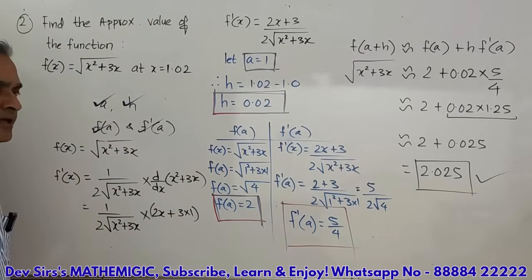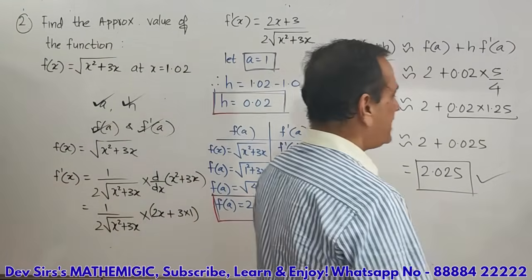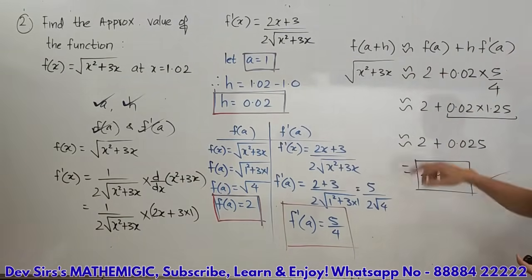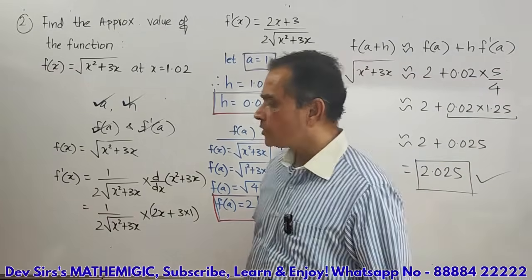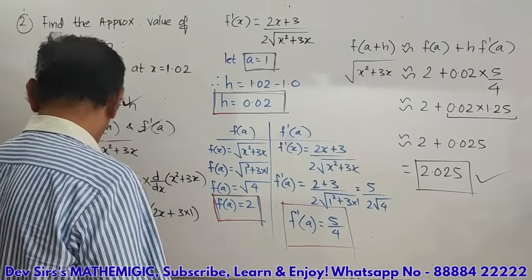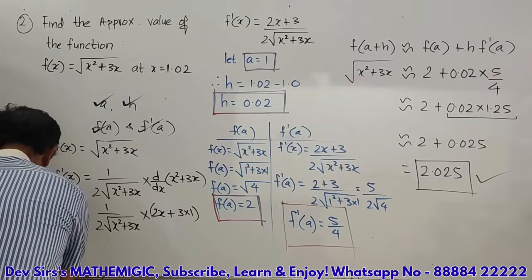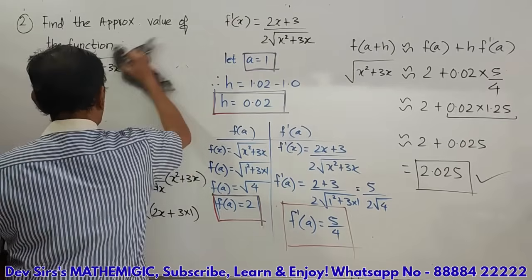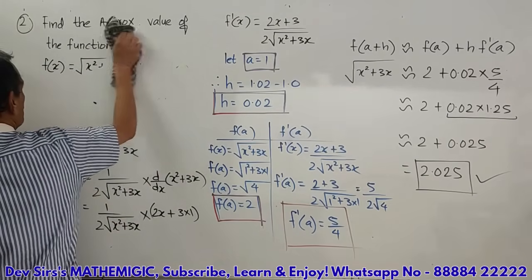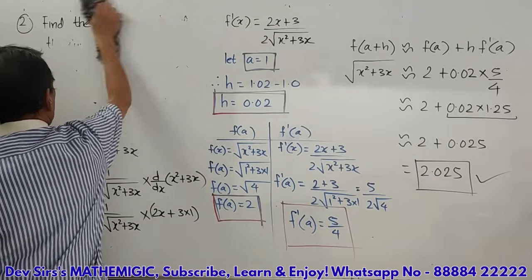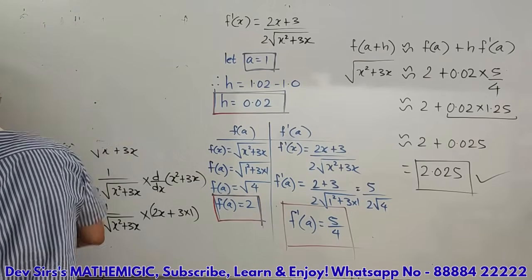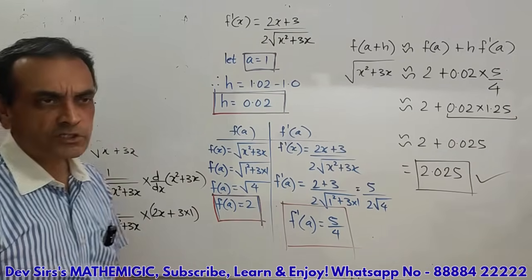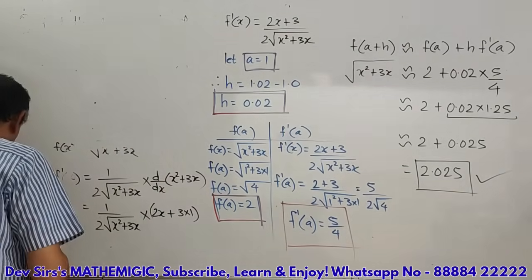So today we have seen the second application. Remember the formula of f of a plus h, that is to find the approximate value of certain functions. Now there are other functions also.